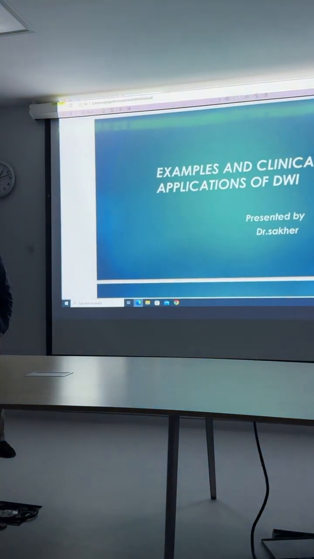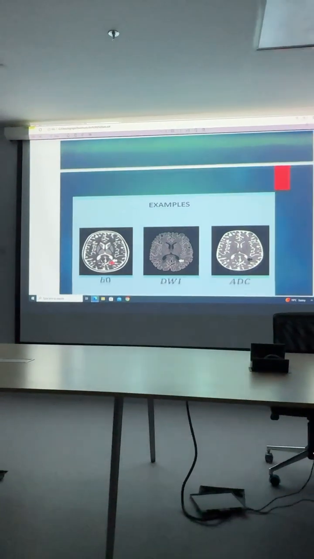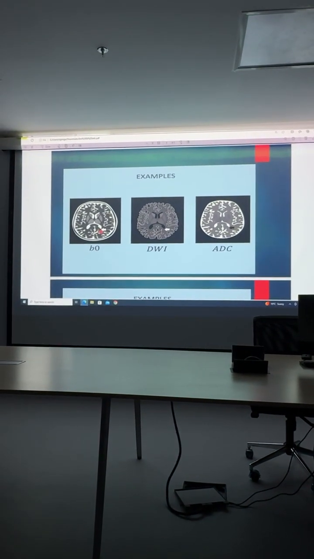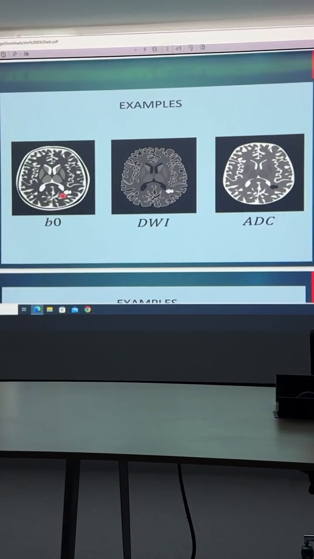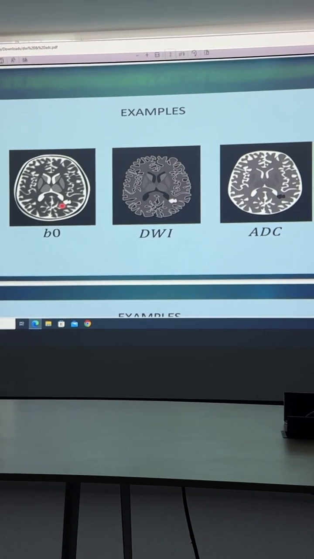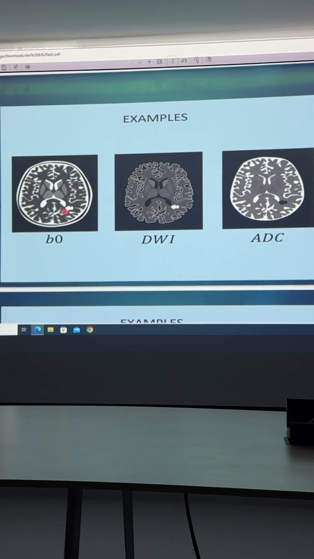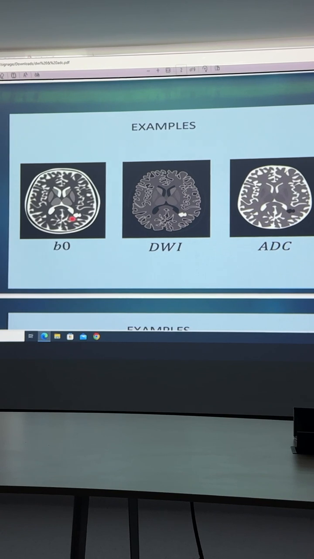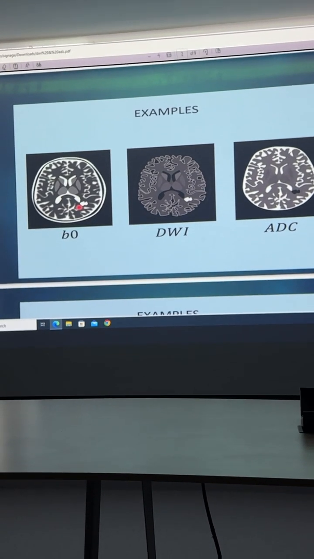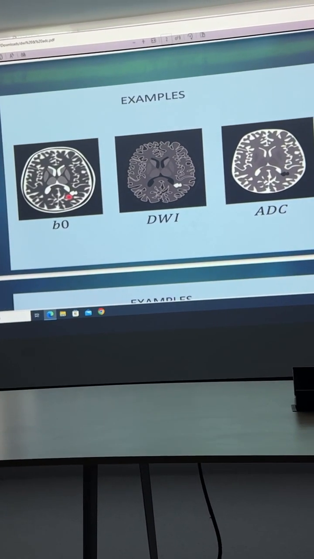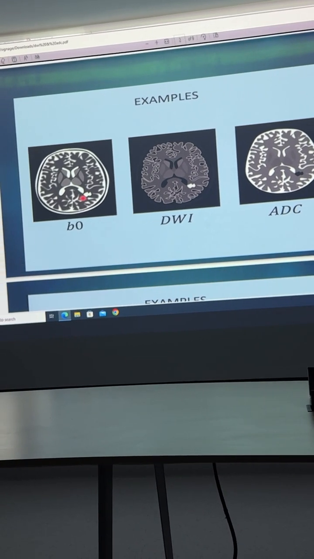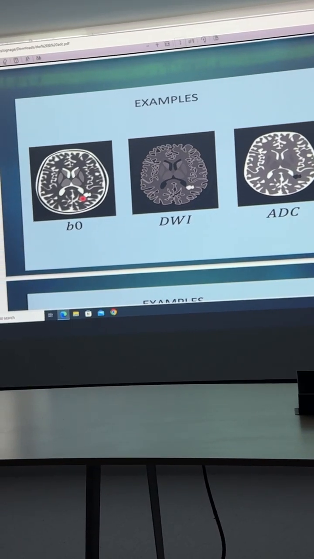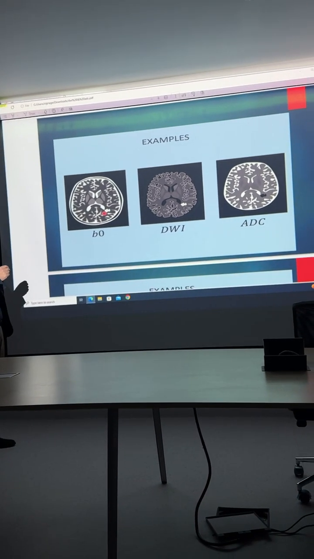Let's go to the first scenario that we might encounter in our real practice. It is the commonest scenario, which is true restricted diffusion. The B0 shows hyperintense signal and the DWI shows hyperintense signal. The hyperintensity on DWI means either true restricted diffusion or T2 long relaxation or decay of the tissue.